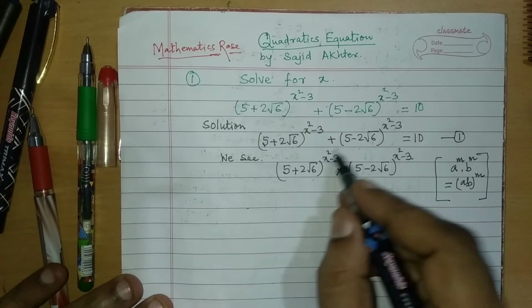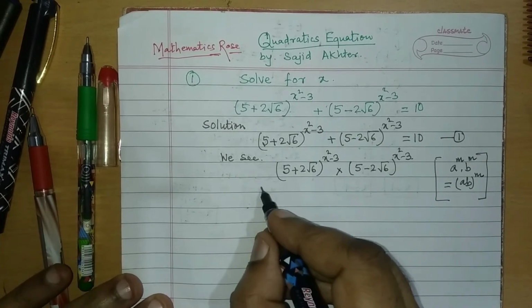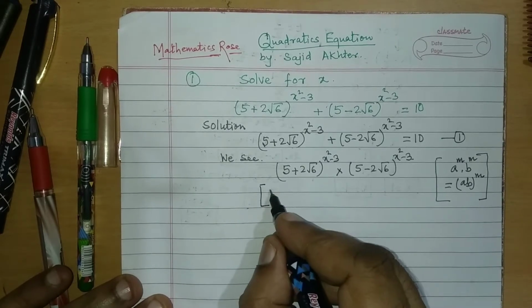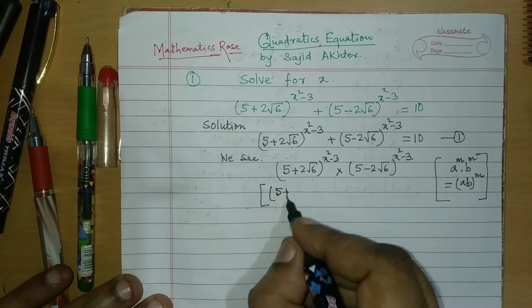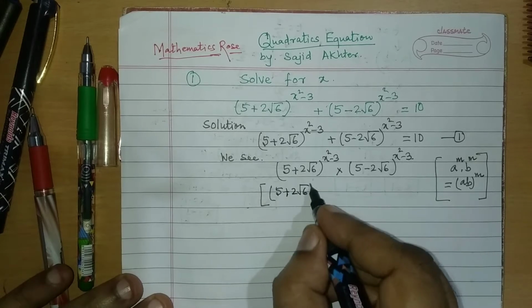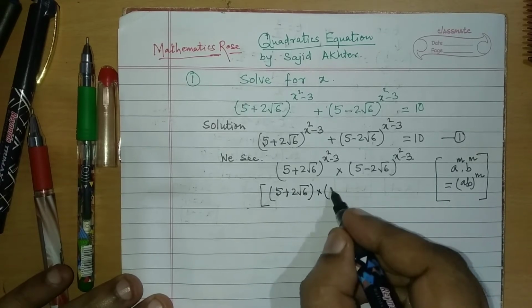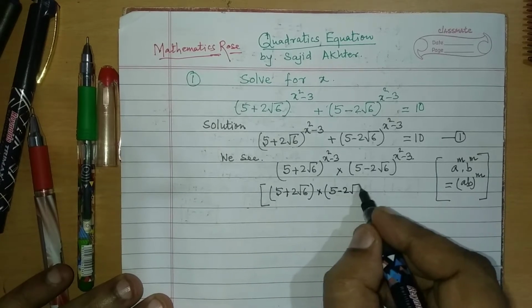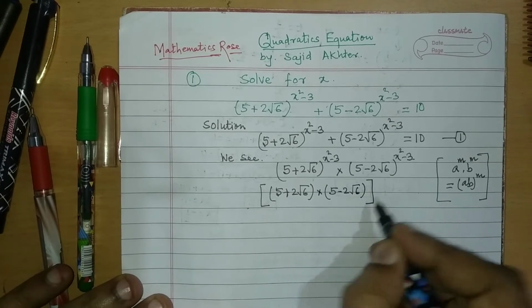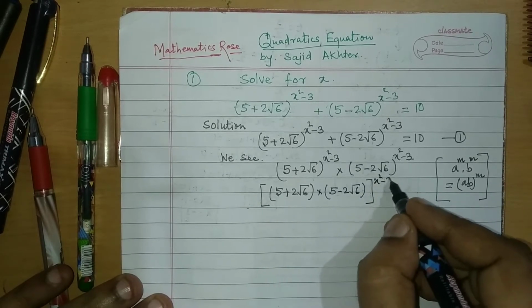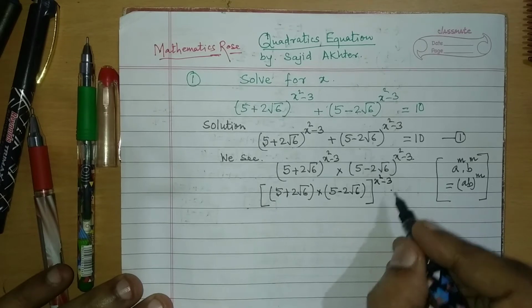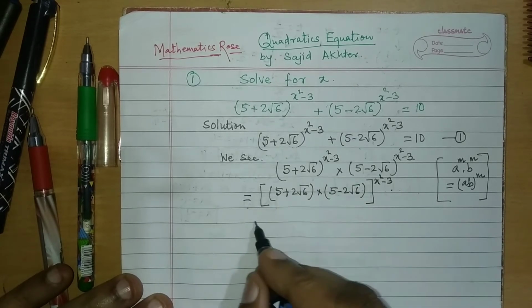Here the powers are the same but the bases are not the same. So we can write in this square bracket (5 + 2√6)(5 − 2√6) to the power x² − 3.